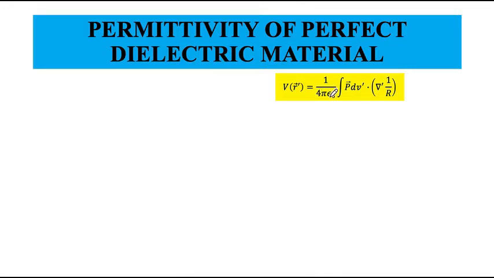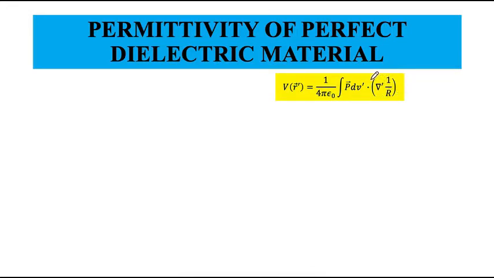After I do that, I get the potential V as 1 by 4 pi epsilon naught, constant outside, and inside the integral the polarization or net dipole moment P dot del dash 1 by r dV dash. Well, that is it. So 1 by r squared has been absorbed in the del operator, correct?